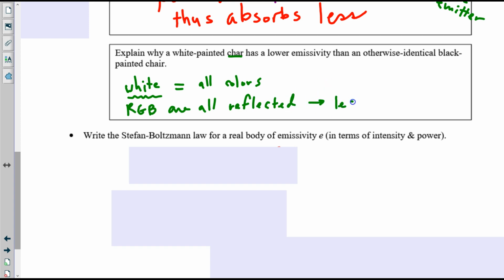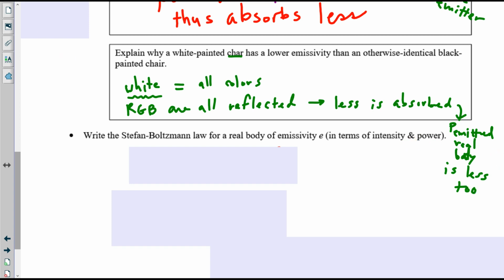Therefore, less is absorbed, and if you absorb less, then the power emitted by the real body is also less. This is less too.